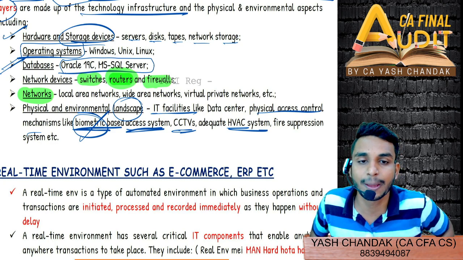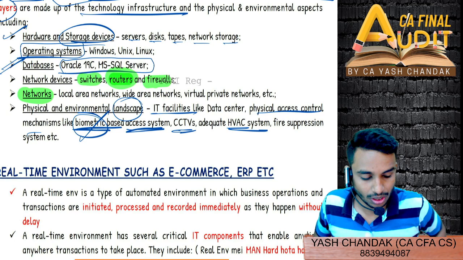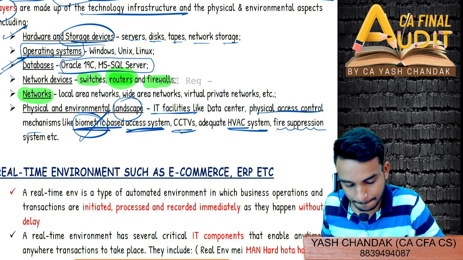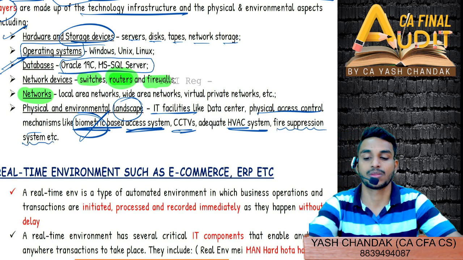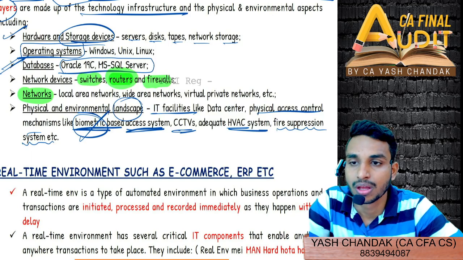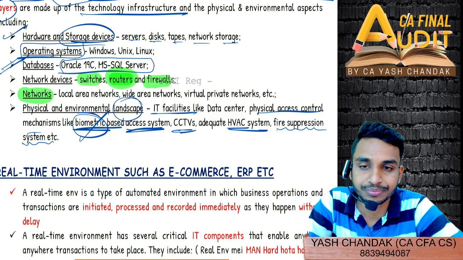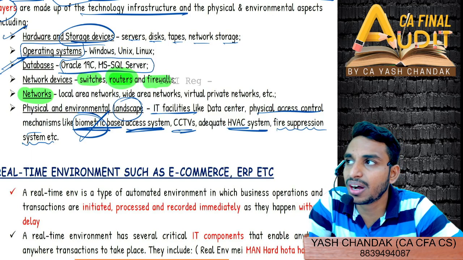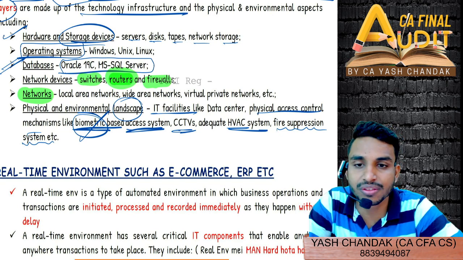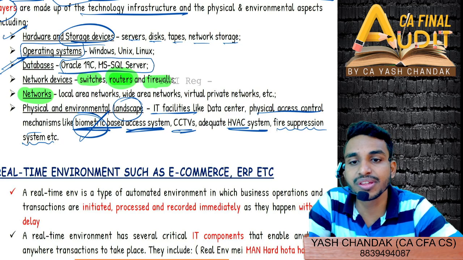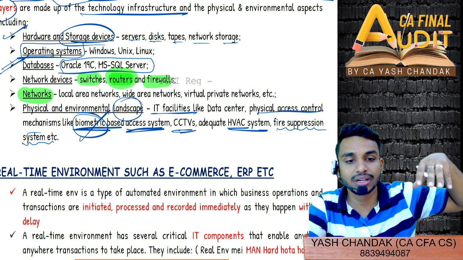So biometric-based access systems, CCTVs, an adequate HVAC system. What do you mean by HVAC? Anyone? It's like in your office, it could be centralized AC, right? Centralized AC is operated from one place.